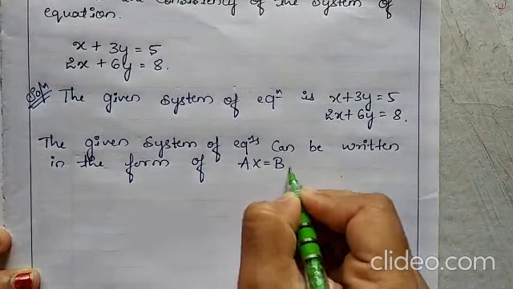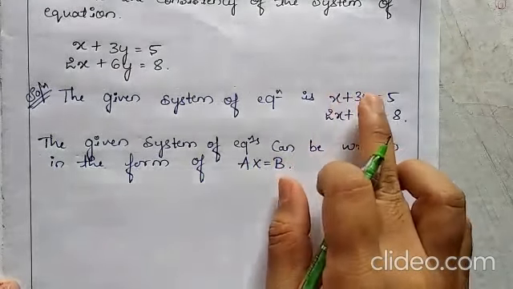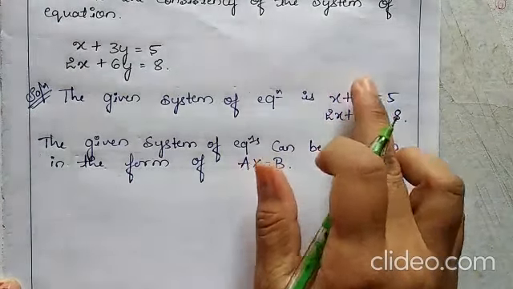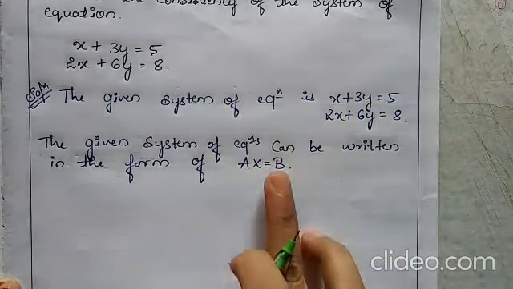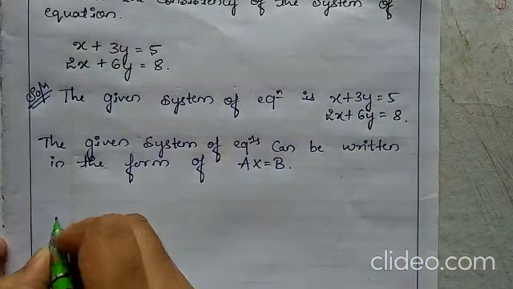Ax equals b, where A is the coefficient matrix, x is the variable matrix, that is x, y, and b is the constants, that is 5 and 8.